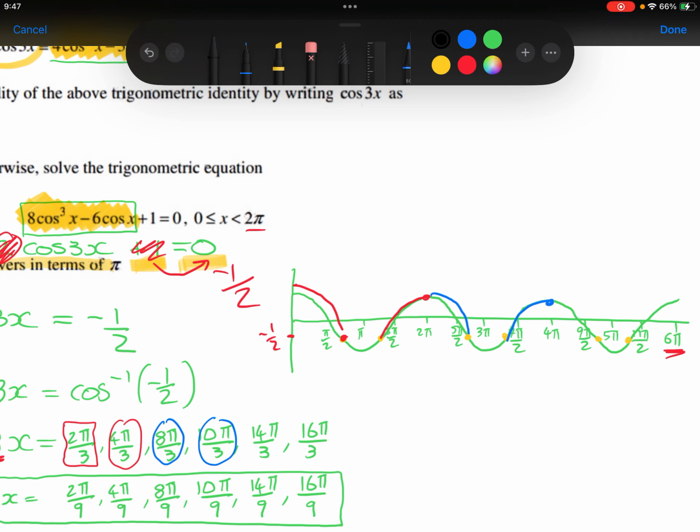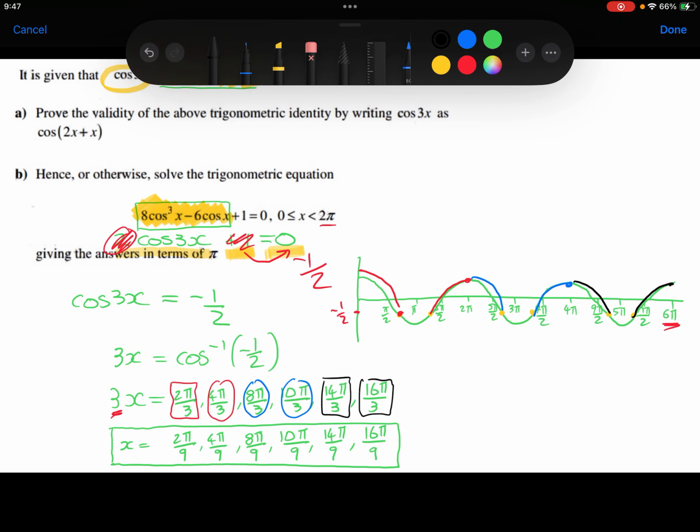The next solution is going to be 4 pi plus 2 pi over 3. And the final solution is going to be 6 pi minus 2 pi over 3. So these are our 6 solutions for 3x, and then you can see that I've divided all of those by 3 to get the solutions for x.